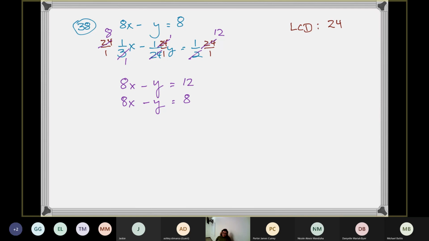No, they both have a y here. We're going to take the top one and we're going to subtract 8x. So negative y equals 12 minus 8x. Here you got to be careful. We got to divide by negative 1. Y equals, let me write the x term first, 8x minus 12.